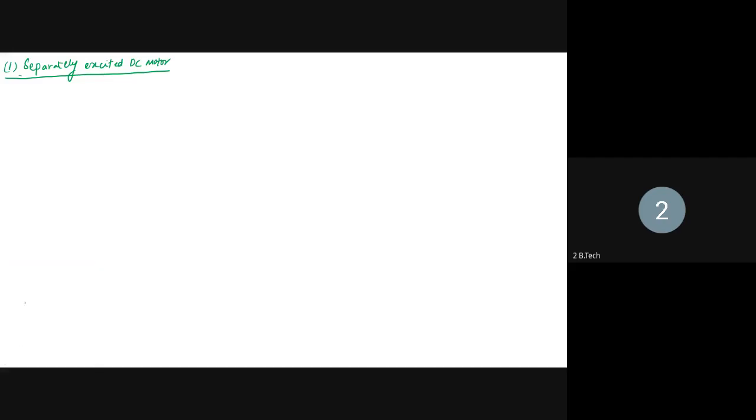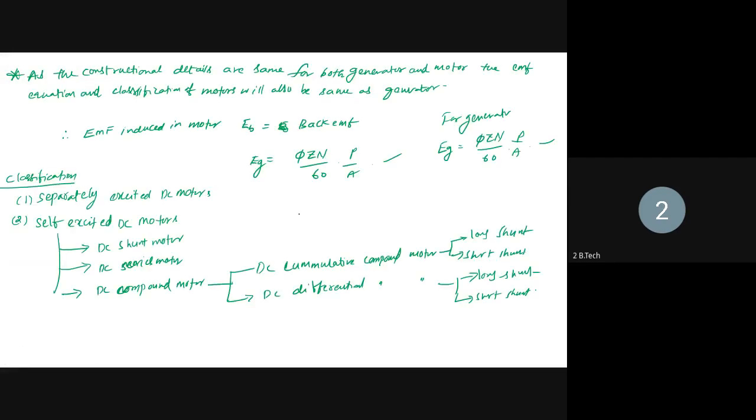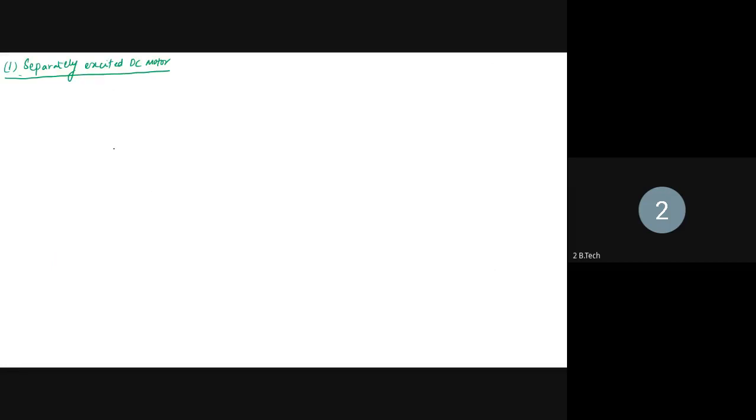Now see the representation of the DC generator, which is represented with a resistance here. The same will be the representation of motor also, because the construction details are same. So for separately excited also the representation will be same as that of the generator.